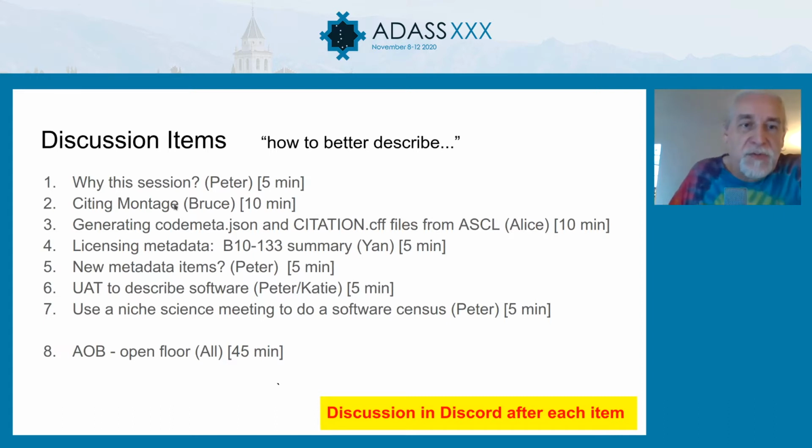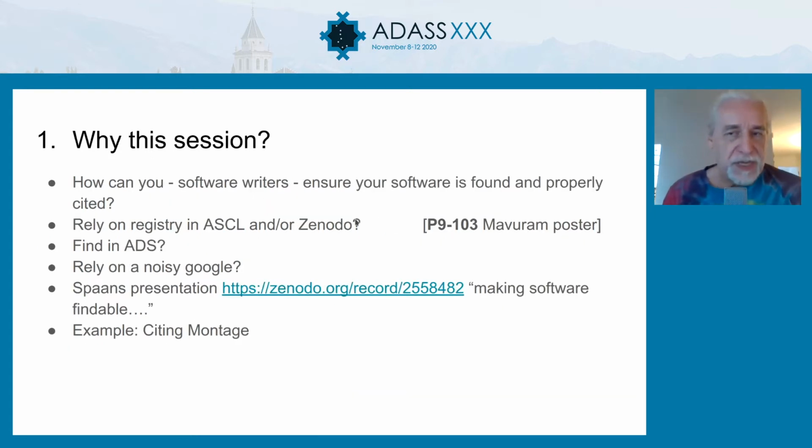So first of all, why do we want to do this session? Apart from a generic Google search for where is what code and what can it do, there are registries like the ASCL and Zenodo, where you can search for your software. You can find it in ADS these days. You could rely on your noisy Google.